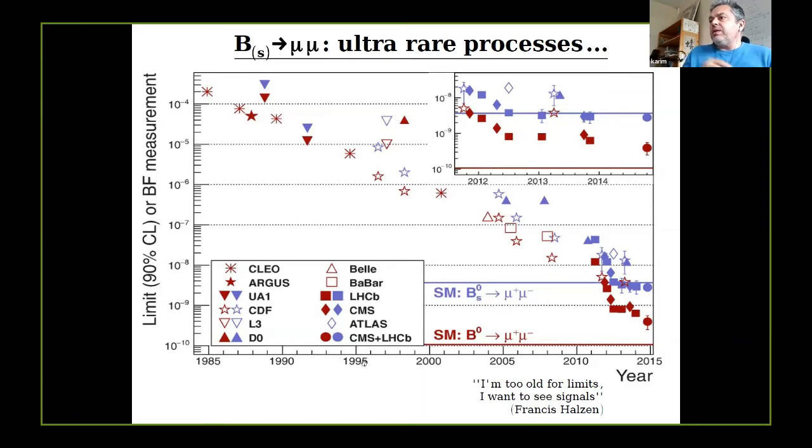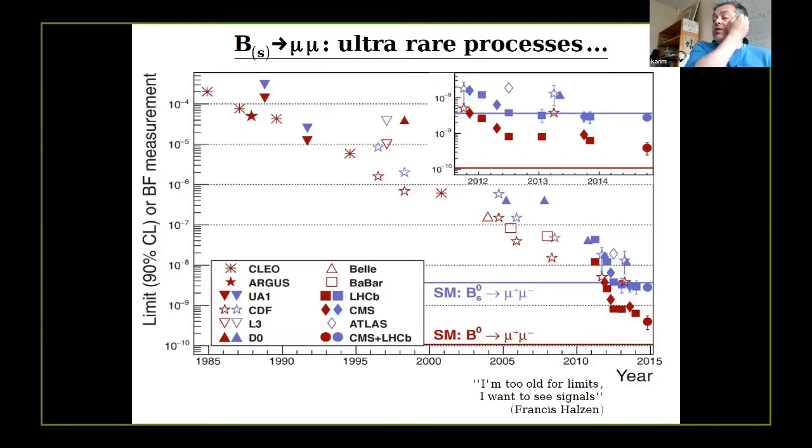But when you compile the results, this mode, which is now observed at the LHC, is the result of a very long quest. You see it in other rare decay searches too: it goes through 30-40 years and generations of experiments.